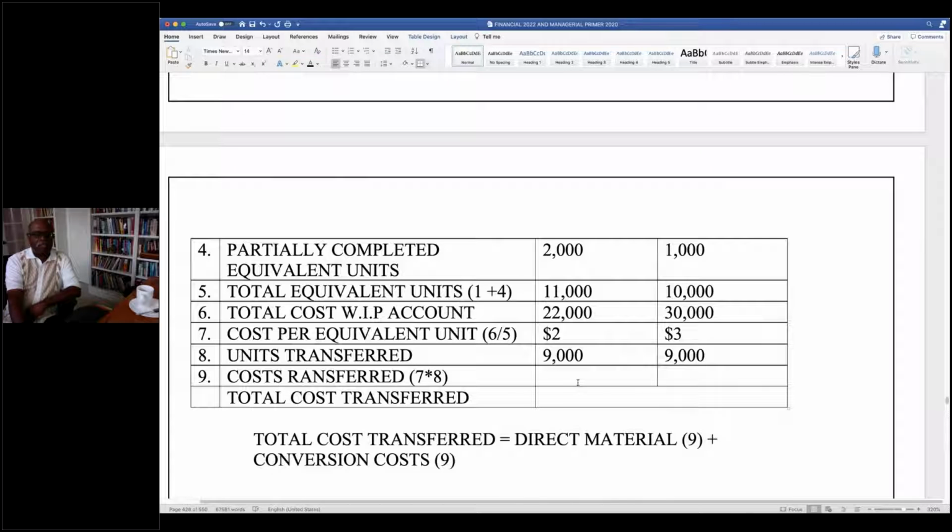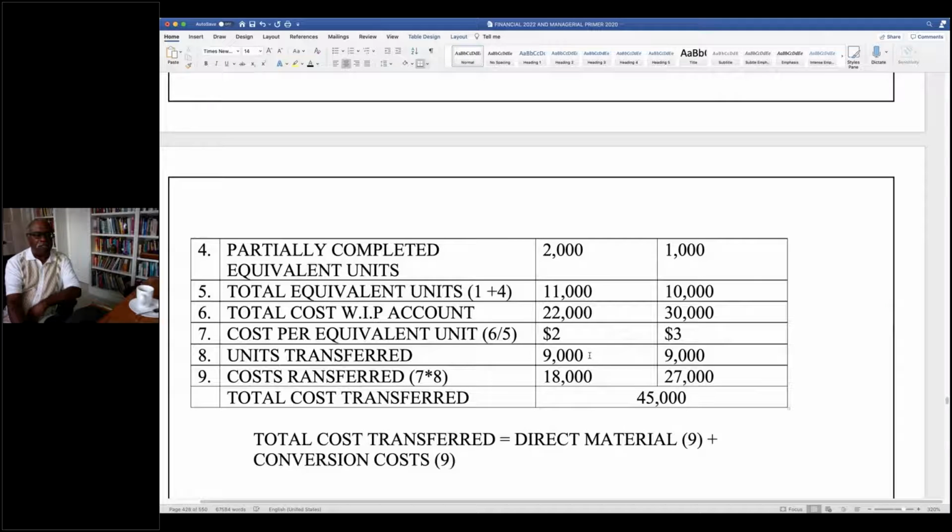What's the cost transferred for raw materials? 18,000. I multiply 9,000 times the $2. And for conversion cost? 27,000. So what's the total cost going to be transferred? 45,000.